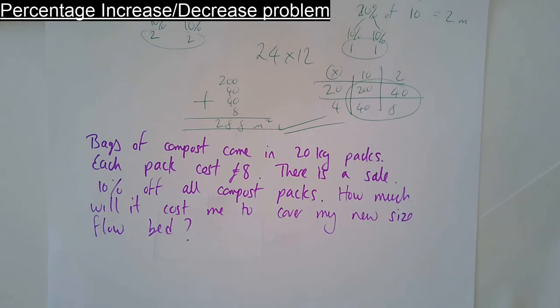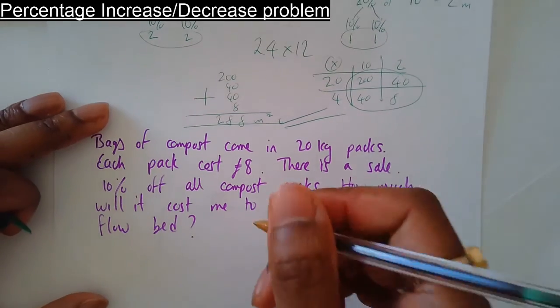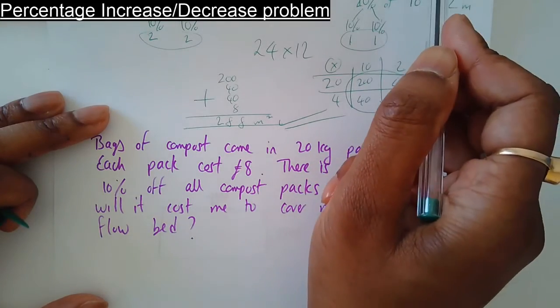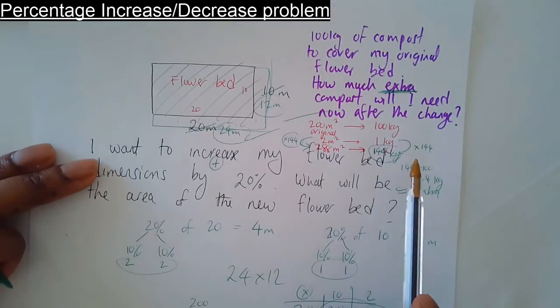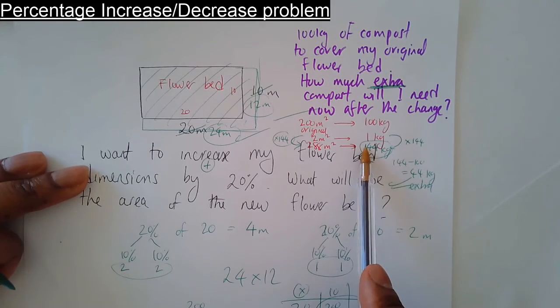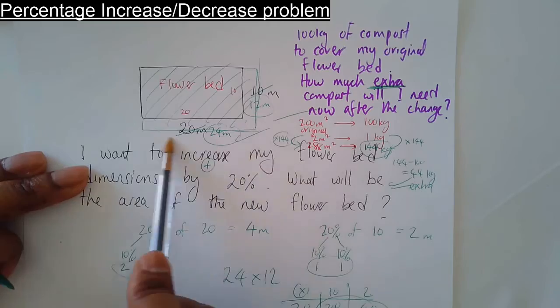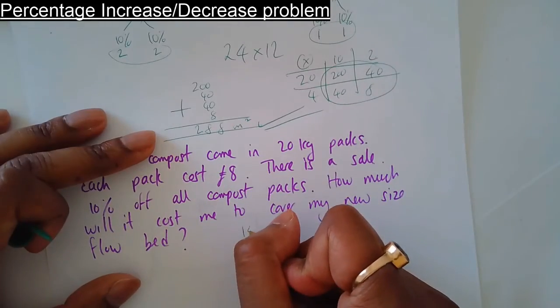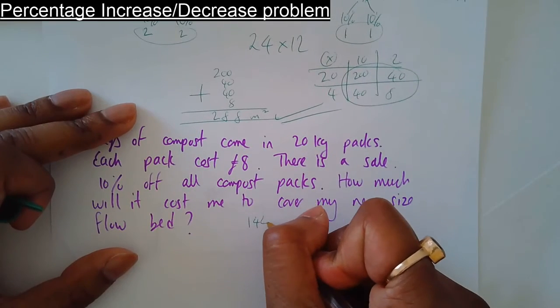First of all, I need to work out how many compost bags I need to buy. Remember, originally I worked out that I need 144 kg of compost to cover my new size flower bed.